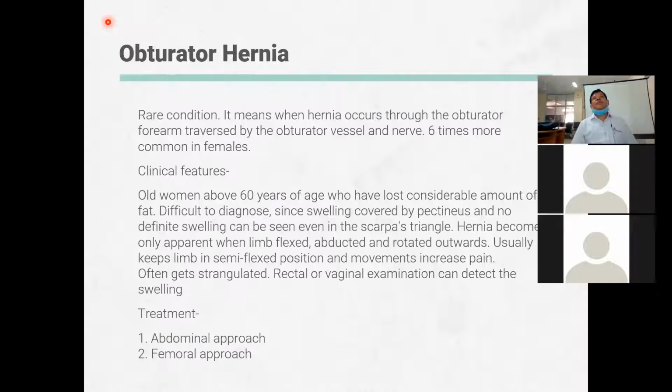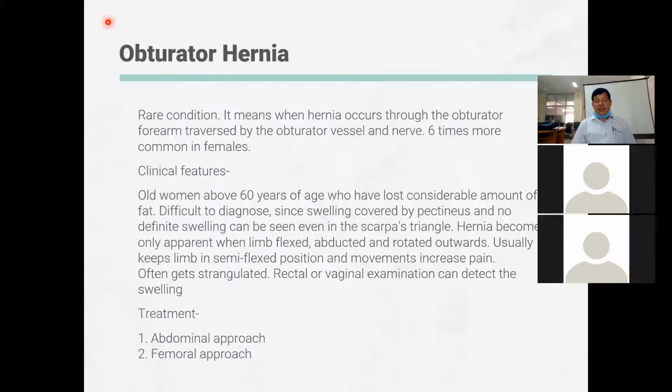As the obturator foramen is comparatively small, whenever such a hernia is present it can be detected clinically or by investigations like sonography or CT scan, whatever we have already discussed in the basics of anatomy of hernia.